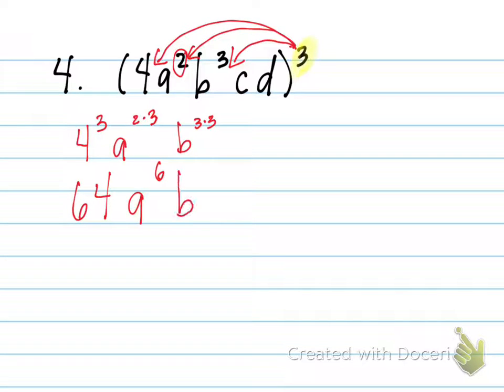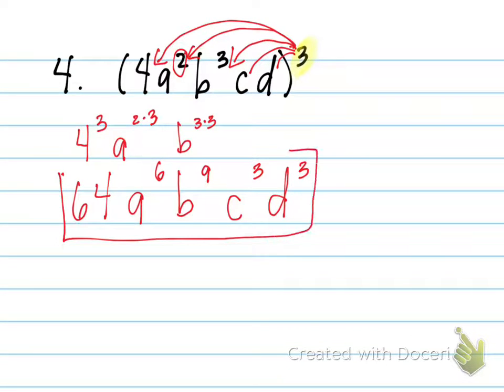So that would be b to the 9th power. C cubed. And d cubed. So every single term gets the cubed. Since c and d are just raised to the 1st power, it's like 1 times 3, and d 1 times 3.